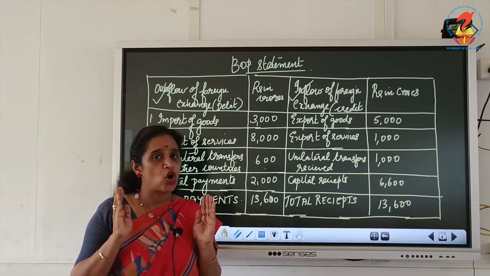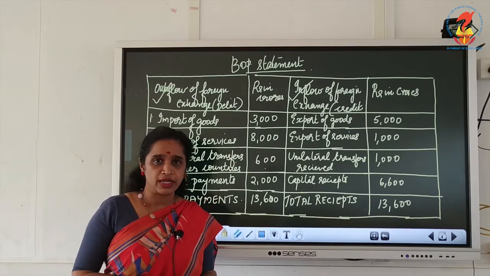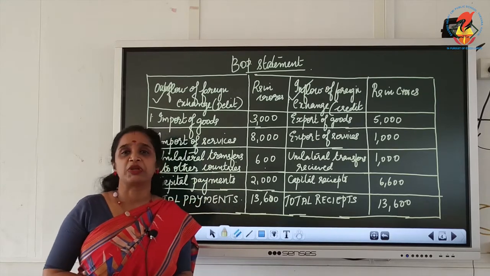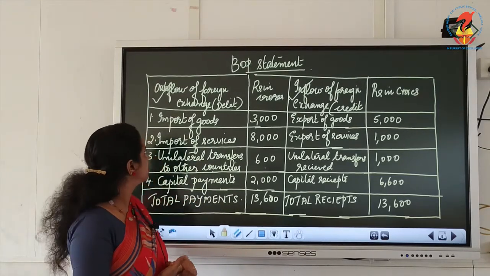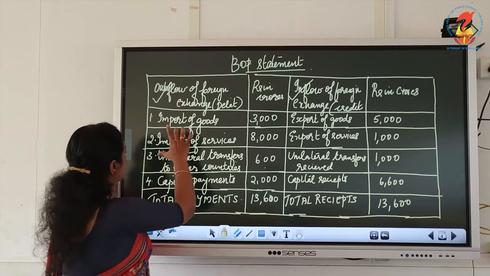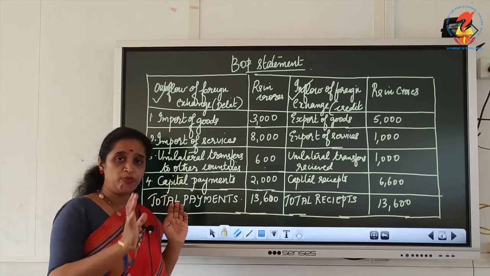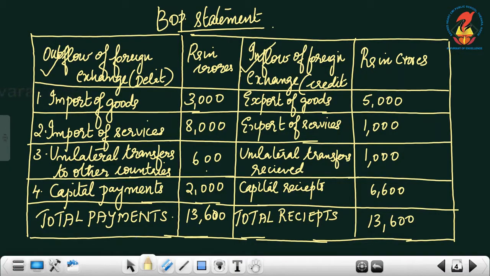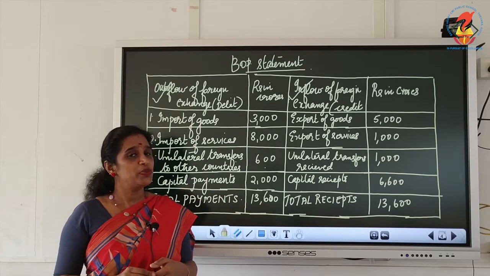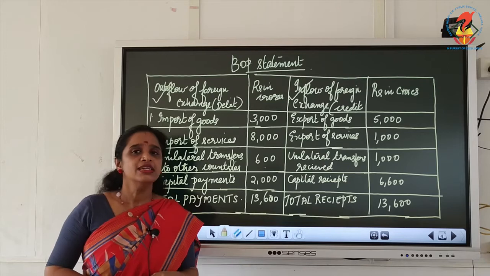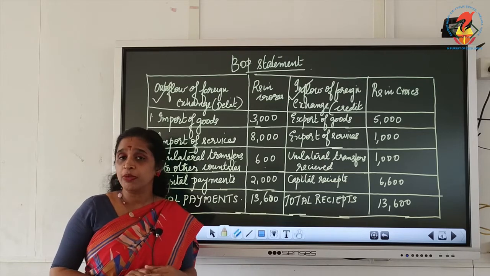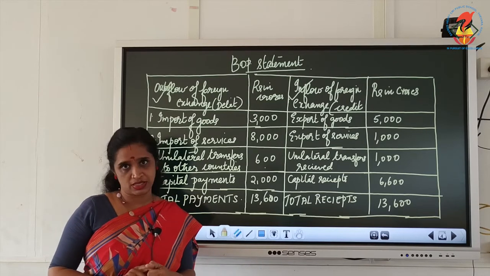Now, both the components of capital account and current account are recorded in this particular table. Let us see that. The first 3 components of the table in both the sides, debit and the credit side, represent current account. You know what all are the items present in the current account? They are visible items, invisible items and unilateral transfers. When we speak about visible items, it is goods.